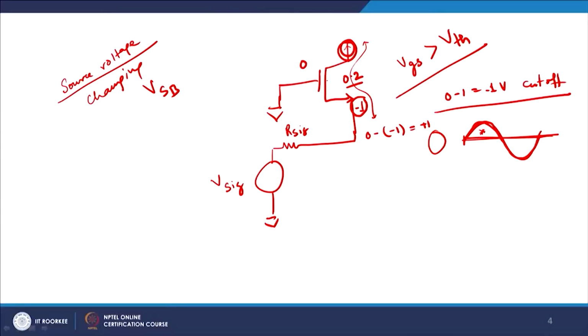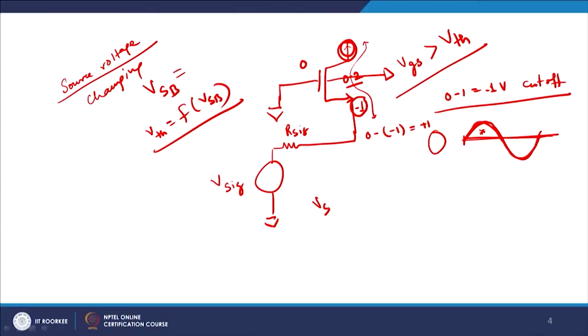Once this changes, obviously VSB, let us suppose my base is grounded, then VSB will also change, source to bulk, and therefore my threshold voltage, which you remember is a function of VSB, will change. In all my previous examples my source was grounded, and even if it is not grounded, provided in an NMOS device I am able to plug my bulk to the most negative part of the potential, then my VSB will be approximately equal to 0, and therefore I will get no body effect.